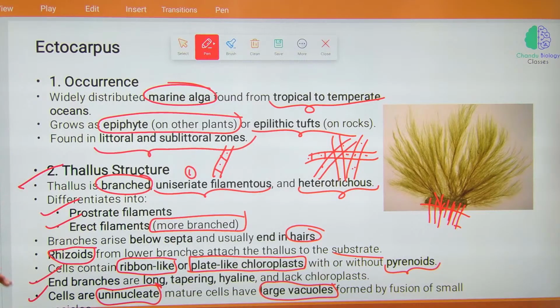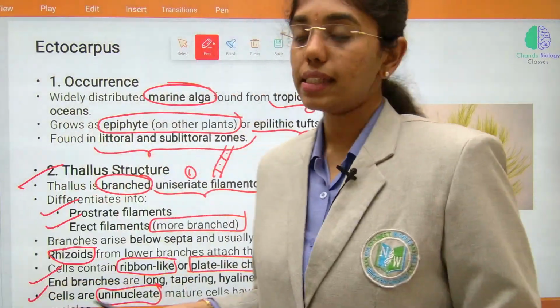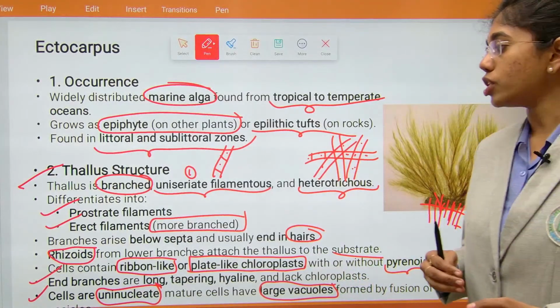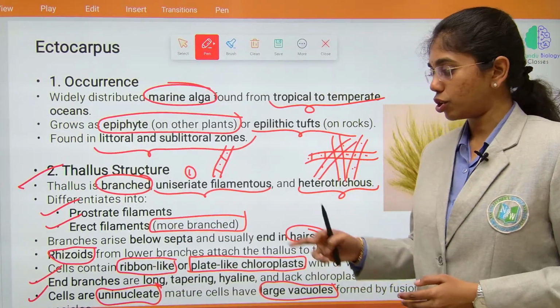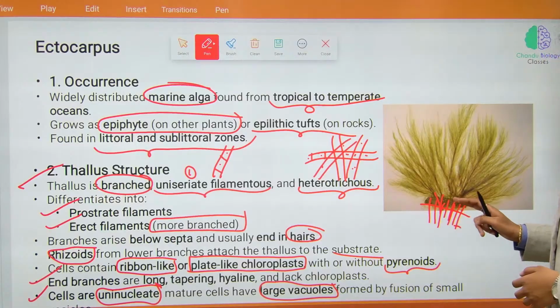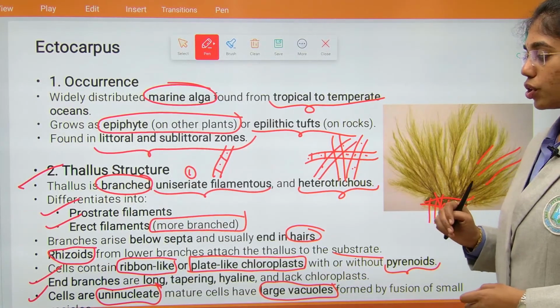This is the complete thallus description of Ectocarpus. It is branched, and can be uniseriate or multiseriate. There are two types of branches: prostrate filamentous branching and erect branching. Branches arise below the septa and end in hair-like structures.